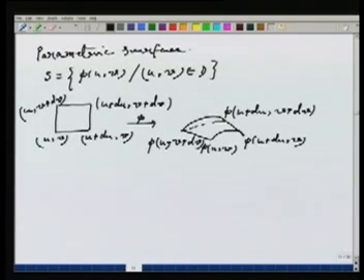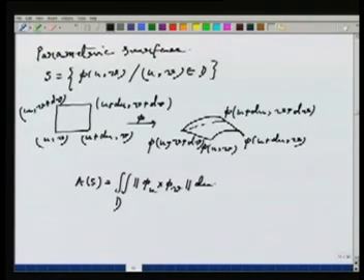Okay. Once I do this, then again I can linearize by now phi u and phi v. So, it turns out then that AS in this case is the double integral over D of the norm of phi u cross phi v du dv. Okay. The analysis is exactly analogous.